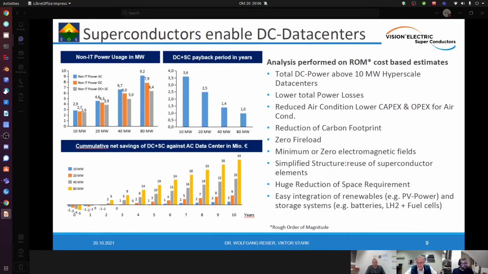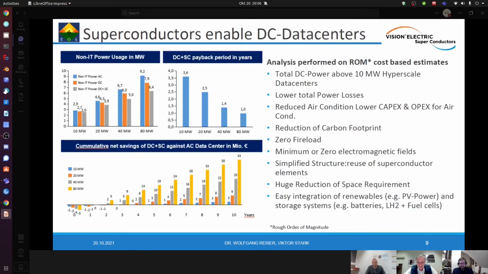Perfect. So obviously you mentioned it depends a bit on the energy price, but still the reduction of components and the availability benefits, and also the affected components like the fire protective system and the climate system, which is usually one of the most expensive parts in a data center.